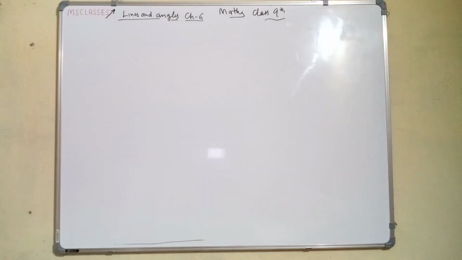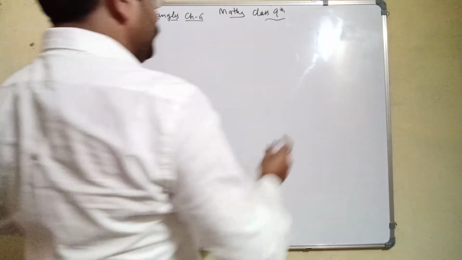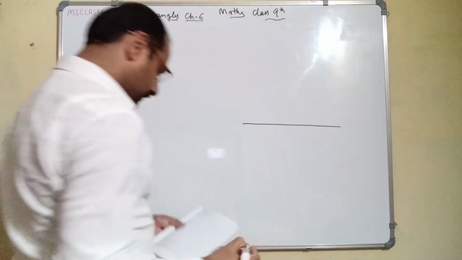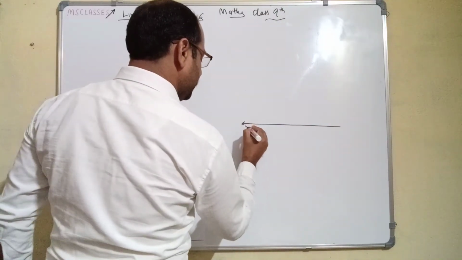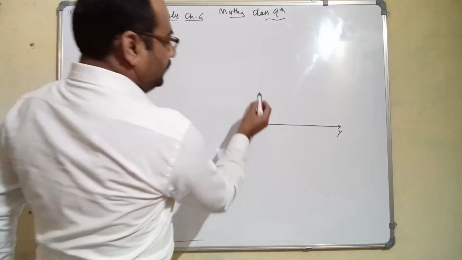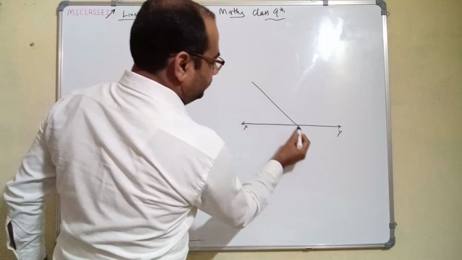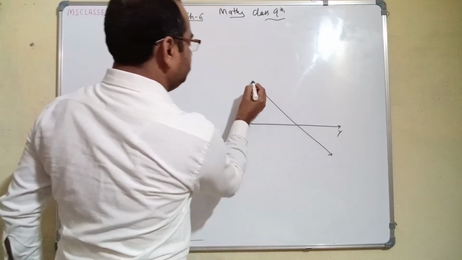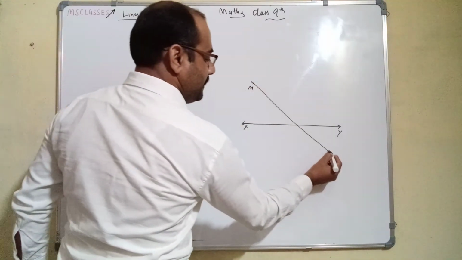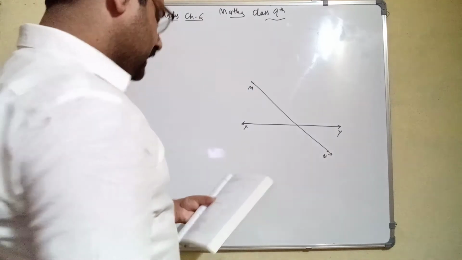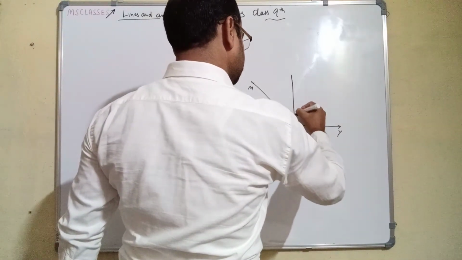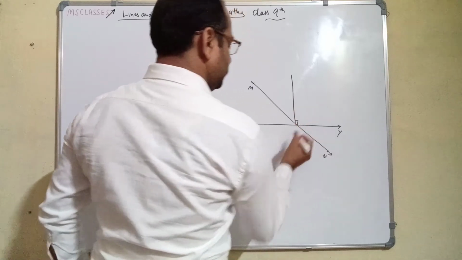Your next question is, you have given a figure, a line XY, right? This is XY, intersecting line, this is MN, and one perpendicular, right?